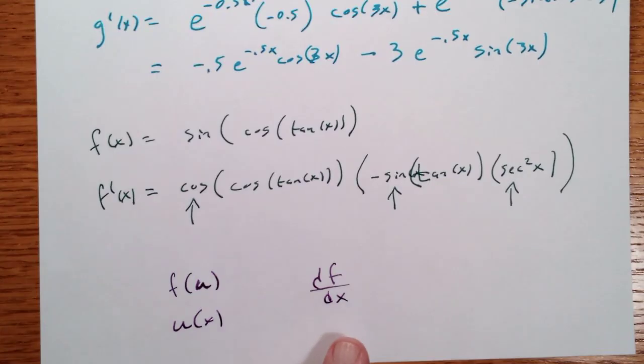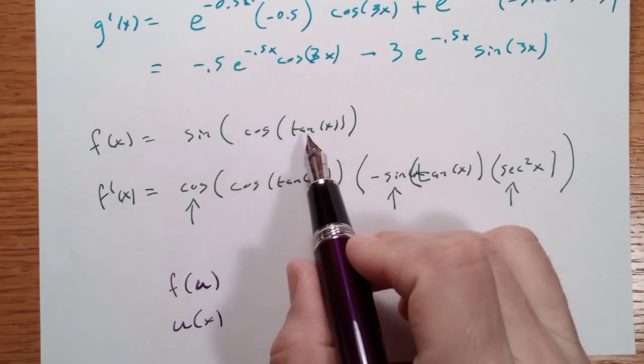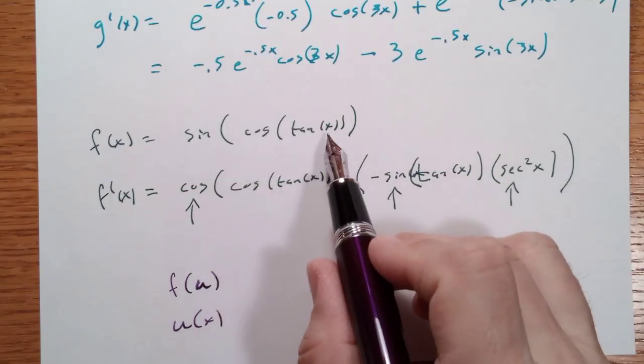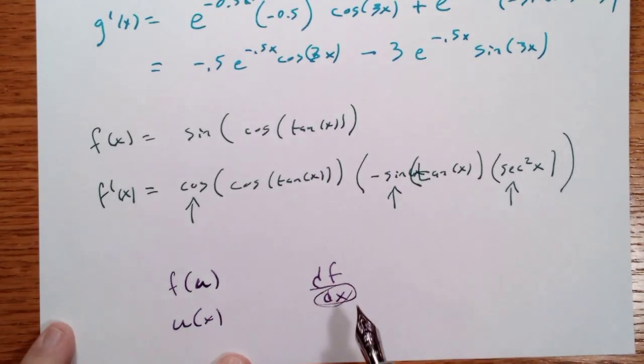So when I finally get to the inside, just being an x, the derivative of tangent is secant squared of x, the inside is just an x. I'm doing my derivatives in x. As soon as I have just an x, I can stop. Whew. So there is, in my opinion, a fairly straightforward way to know when to stop.